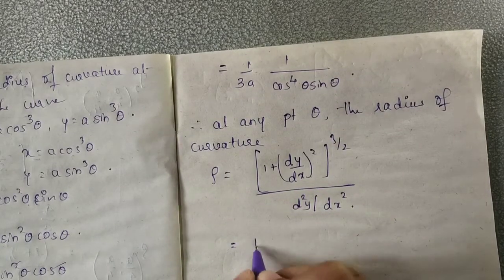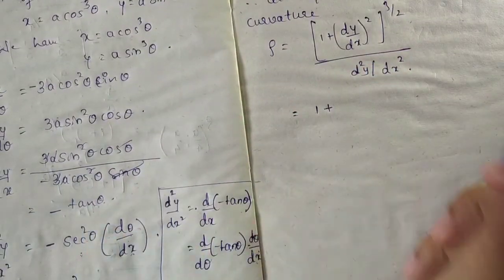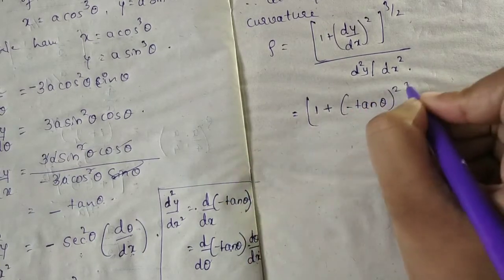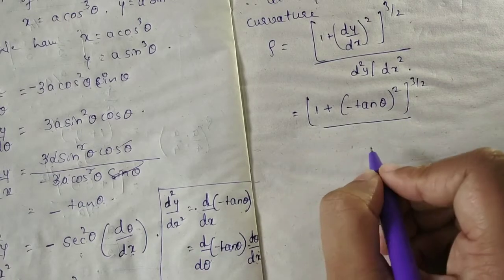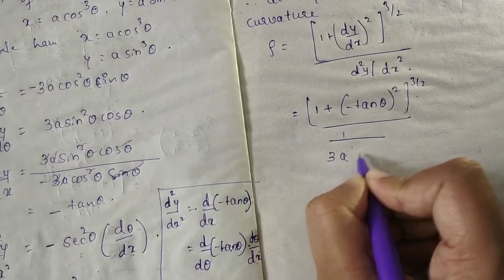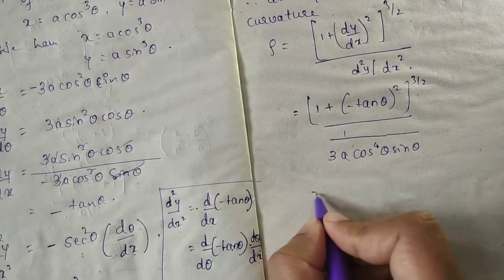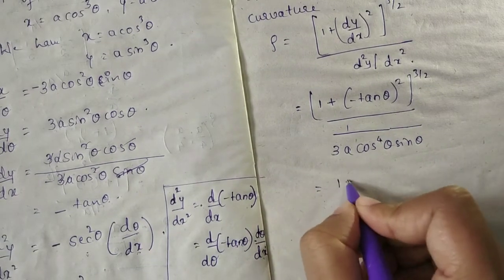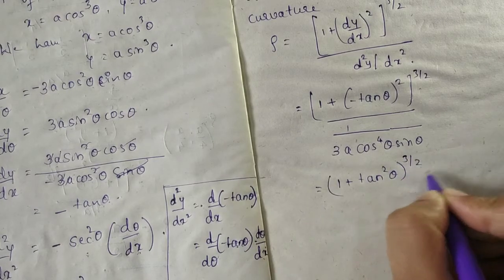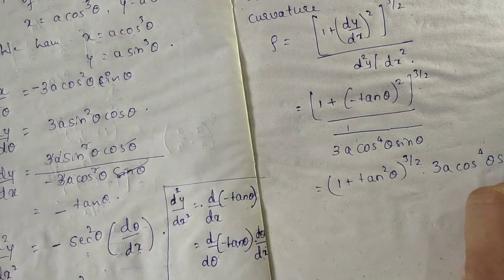Which is equal to 1 plus dy by dx value we got as minus tan theta, the whole square whole raised to 3 by 2 divided by d square y by dx square is 1 by 3a cos raised to 4 theta into sin theta. This will be equal to 1 plus tan square theta whole raised to 3 by 2 into 3a cos raised to 4 theta into sin theta.